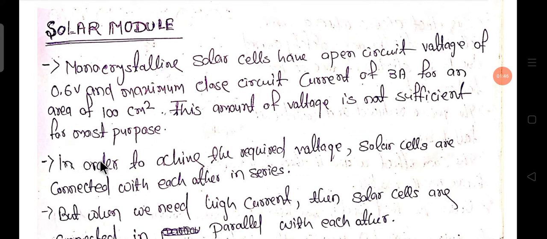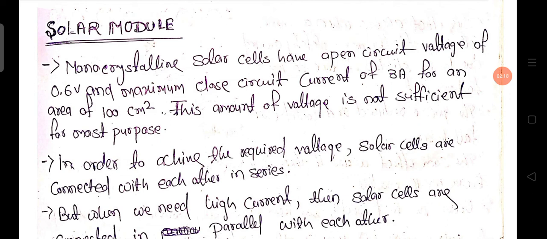In order to achieve a high amount of voltage, solar cells are connected to each other in series, because you can think of a solar cell as a battery. So when we need high voltage, we add the batteries in series.